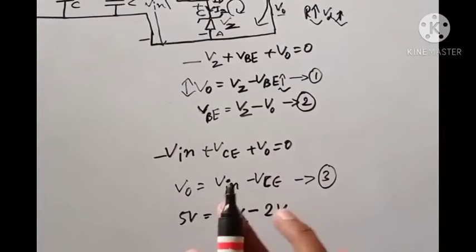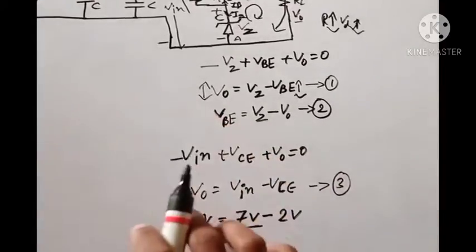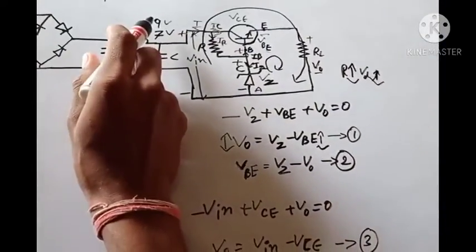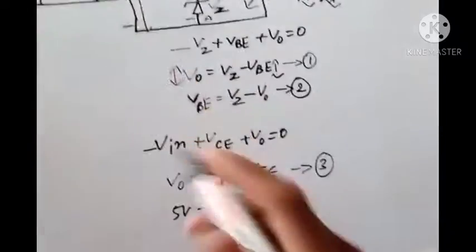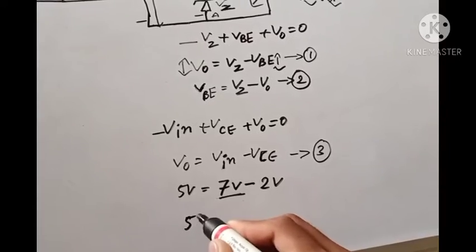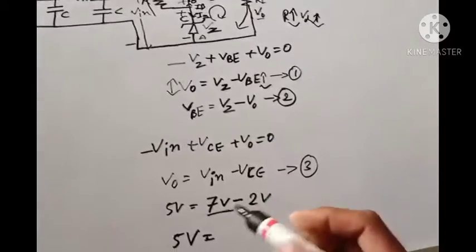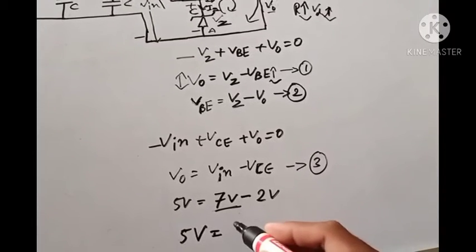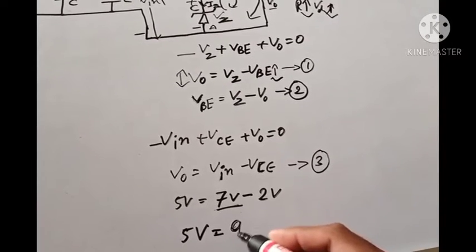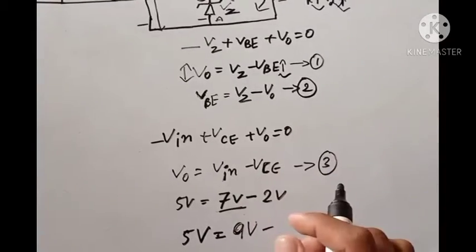If, as I said in case 1, the voltage is raised from 7 volts to 9 volts, what happens? But the output should remain constant, right? So 5 volts is the output, but the input rises from 7 volts to 9 volts. Then what will be the VCE voltage?